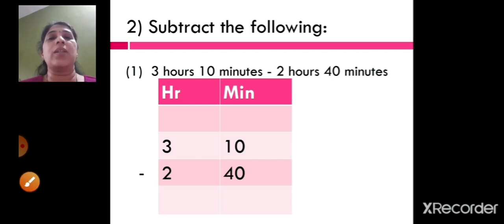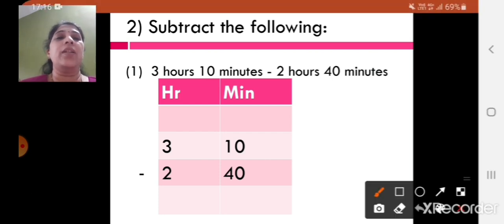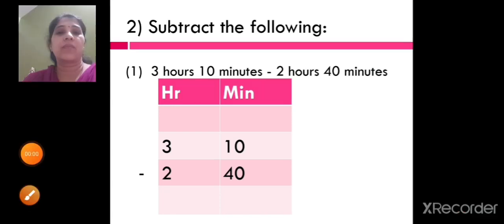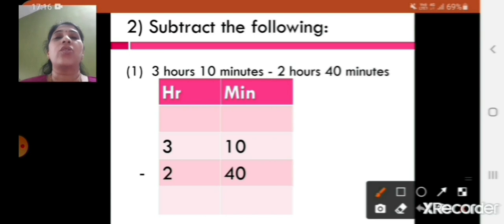Now we'll carry out the subtraction. Now children, 10 minus 40, right? So 10 is a smaller number. So children, we cannot subtract 40 from 10. Right? So what we are going to do? We are going to borrow 1 hour, right? From the hour column.